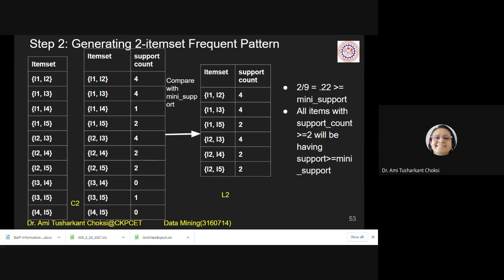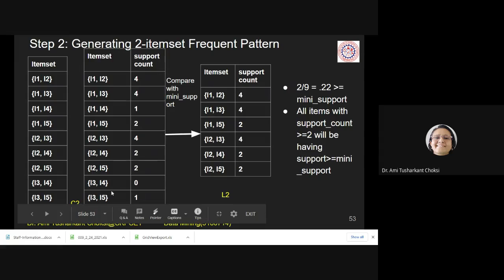We compare whether the support count is greater than or equal to 2 or not. Wherever it is less than 2, we will remove it. Here this is 0, so we remove.